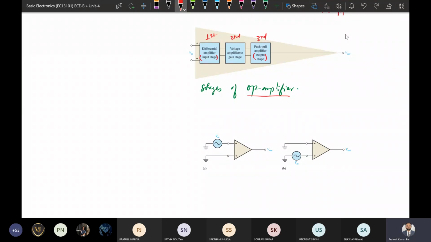So we will just analyze the circuit. Here it is, the operational amplifier. There are different modes of operation of these operational amplifiers. Different modes of operation means they can be operated based on the application of input voltage to their input terminals.